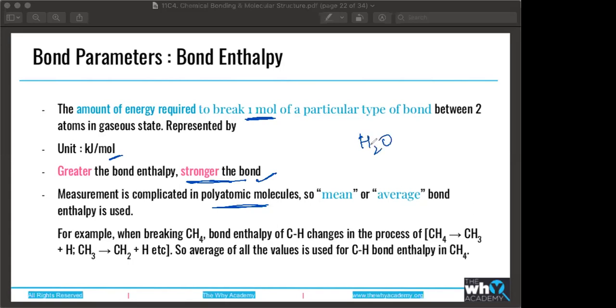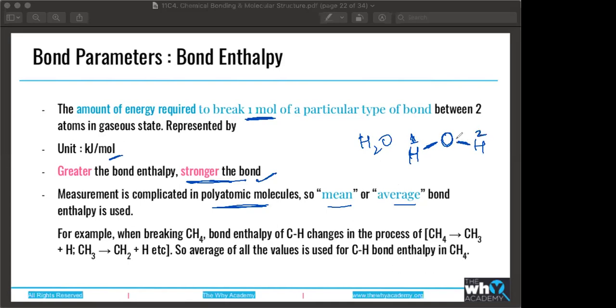So there's H2O. So the mean or average bond enthalpy is used. What this means is, if you have water, water is made of 1 oxygen and 2 hydrogen, right? There is a bond enthalpy associated with oxygen and hydrogen number 1, and there is a bond enthalpy associated with oxygen and hydrogen number 2.